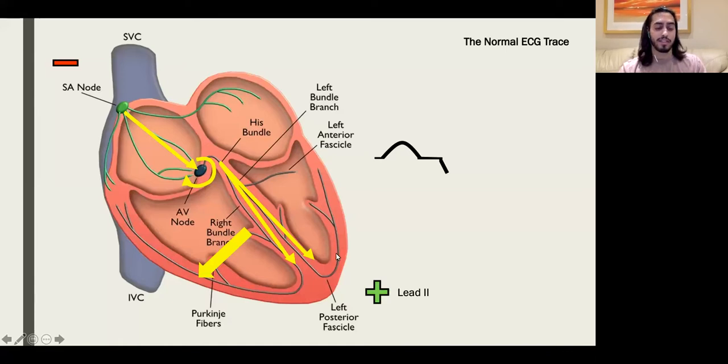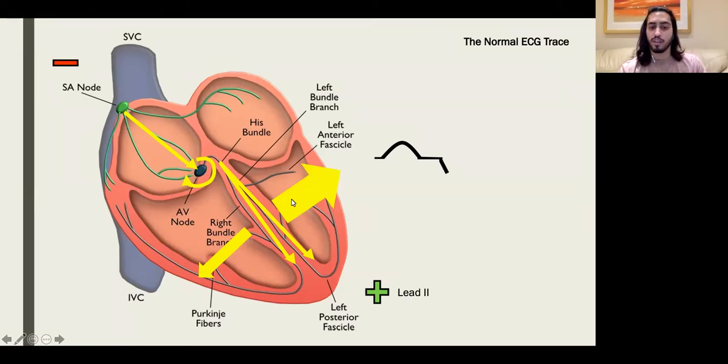The left side, since it's got to pump all of this blood to the rest of the body, and it's so thick, you need to have a much greater magnitude of electrical potential to provide the same force, okay? To put it simply, you just need way more energy to do the same thing. So you have this massive magnitude of potential going to the left ventricle.